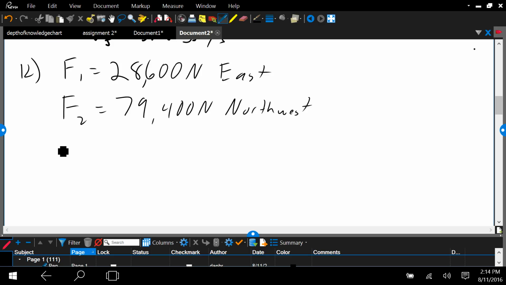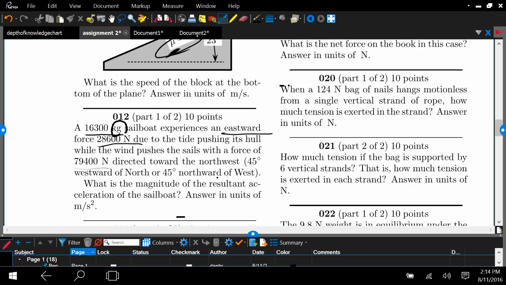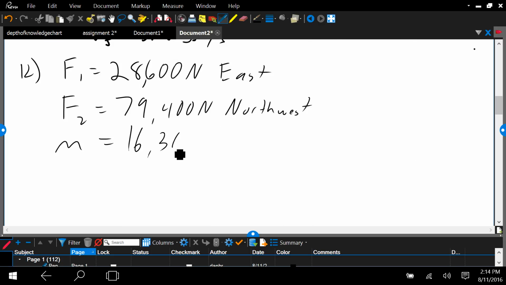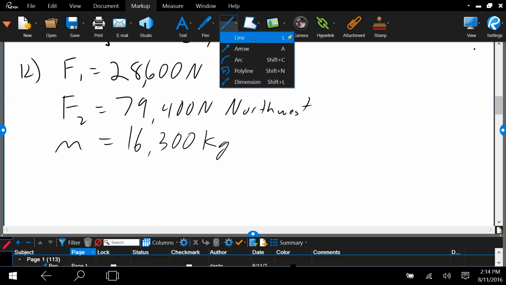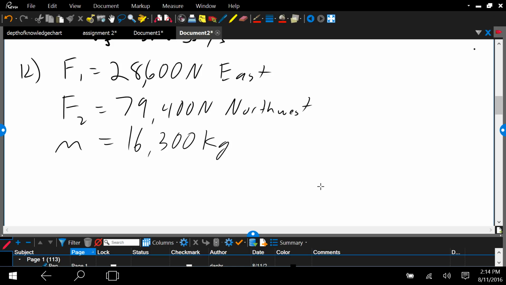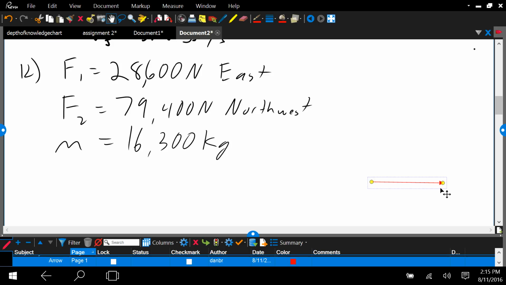We also have a mass of my boat. I'll call that with an M. And they give us the mass at 16,300 in kilograms of the unit. There's no direction after that, because mass doesn't point in a certain direction. Pushes and pulls, like forces, point in a certain direction. So let's geometrically draw this. This is a line that is going in this direction to the east.